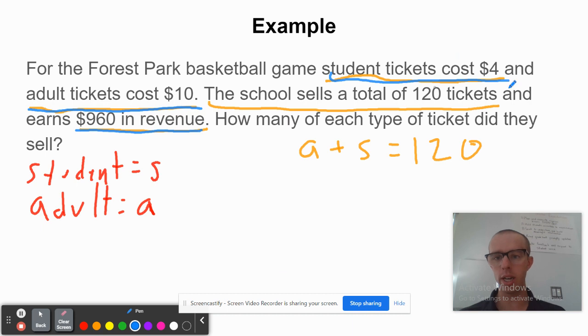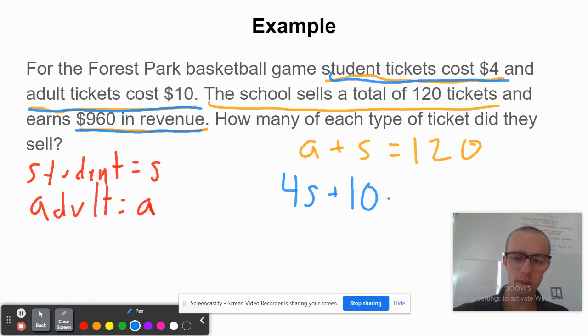All right, so a student ticket costs $4, so I can say the amount of revenue they get from student tickets is equal to 4S, $4 per student ticket. You write that as 4S plus, well, they get $10 per adult ticket, so plus 10A. That's all equal to their total revenue, 960.